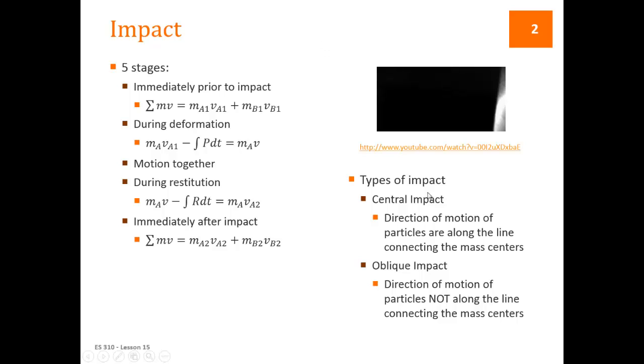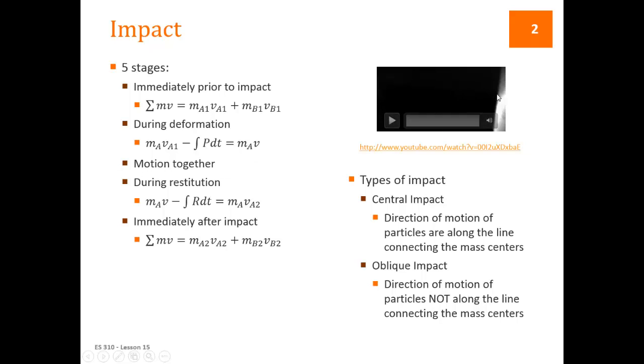Immediately prior to impact, we have some momentum of the ball plus the golf club, which in this case wasn't moving, but could have been moving. Then during impact, we have a momentum, an impulse, and another momentum, right? This is the momentum of the ball A. There's a similar equation for the golf club B. Then they move together for a short period of time.